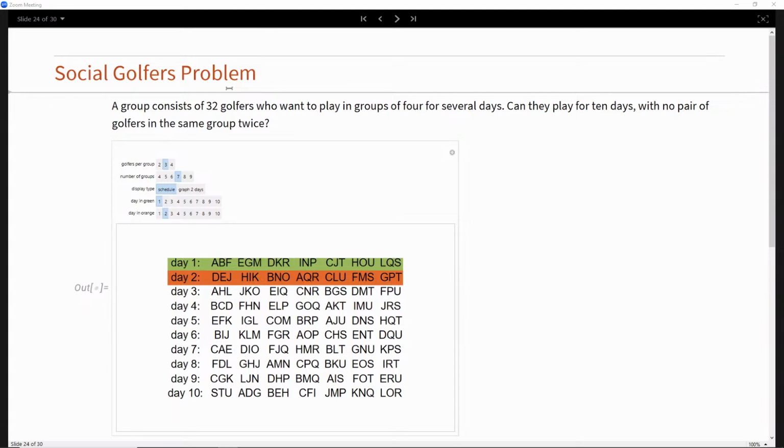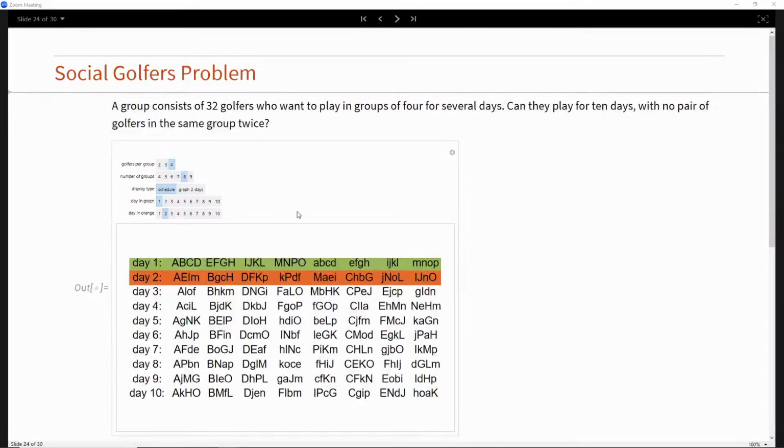Now, if you have different group sizes and different numbers of golfers, it's a very complicated problem. If you have 4 golfers in 8 groups, what's the maximum number of days you can play so that no two golfers play together twice? So it turns out for this set with 32 golfers, you can play a maximum of 10 days.